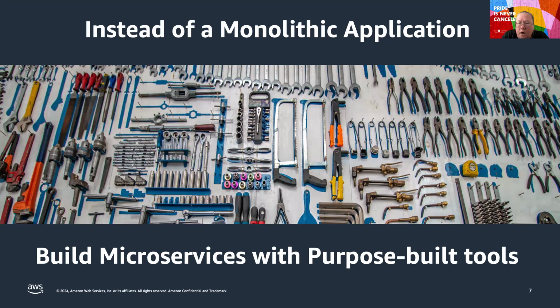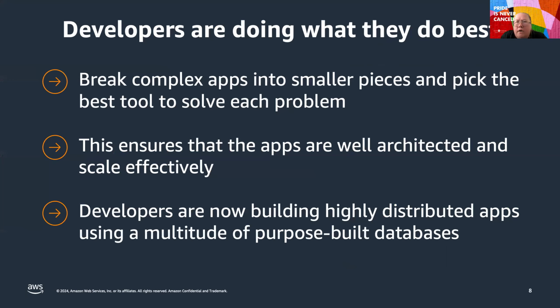Developers do what they do best: break a complex application into smaller pieces and pick the right tools to solve those problems. This allows you to have applications that are well architected and also scale.